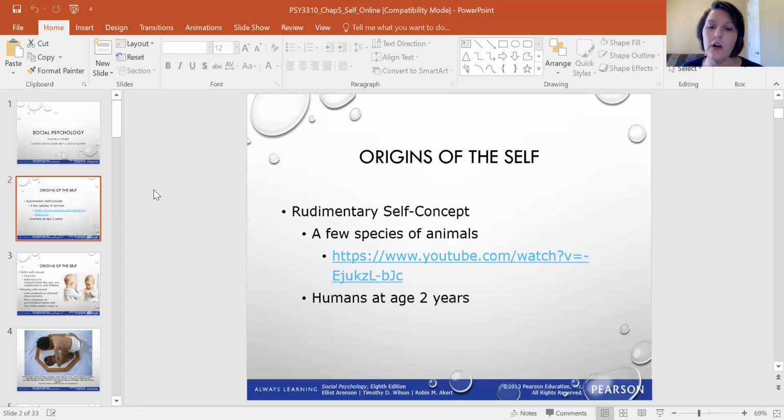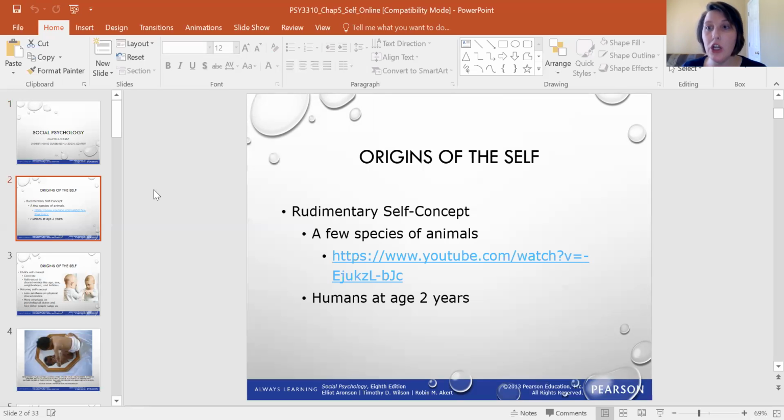So we know that a lot of animals do recognize themselves in mirrors. Dolphins, orcas, I believe crows have been shown to demonstrate self-recognition. We know gorillas, chimpanzees, and orangutans are all able to recognize themselves in the mirror. And elephants, of course, are another animal to do this.